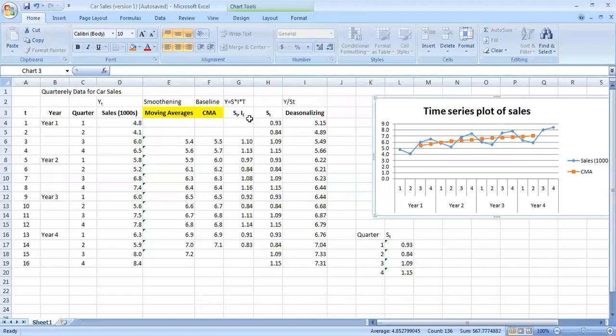Then we took out the seasonality and irregularity by considering this as a multiplicative model. After that, we took out the irregularity, came up with the logical table, and took the seasonality factor. After that, we deseasonalized the data set.